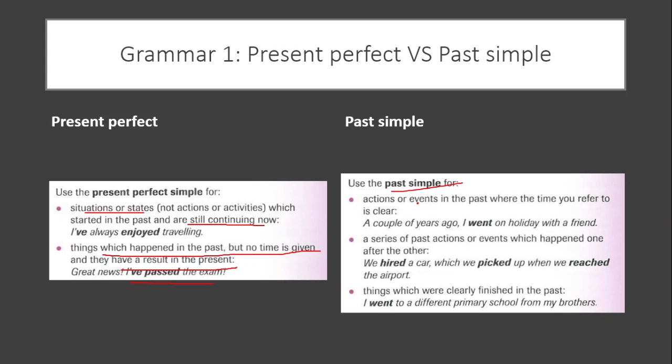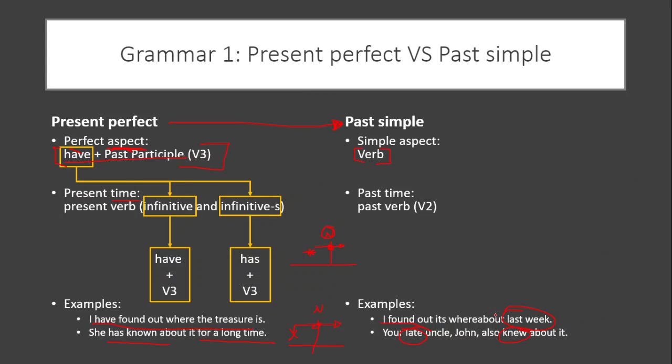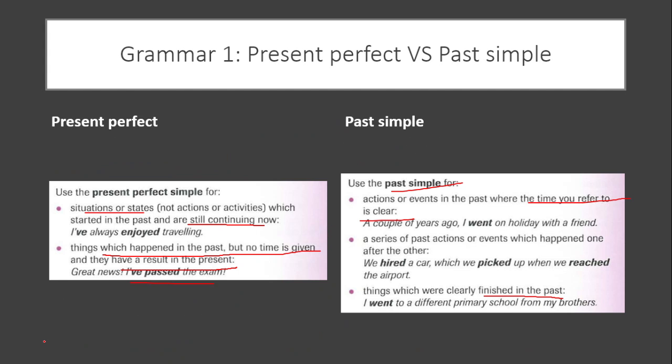We use past simple for actions or events in the past where the time you refer to is clear, for series of past actions or events which happened one after the other, and things which were clearly finished in the past. Just like the second example for present perfect here: she has known about it for a long time, so it's still in process. It's not finished yet, so we use present perfect.